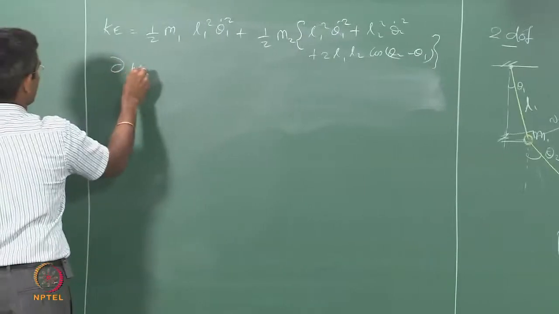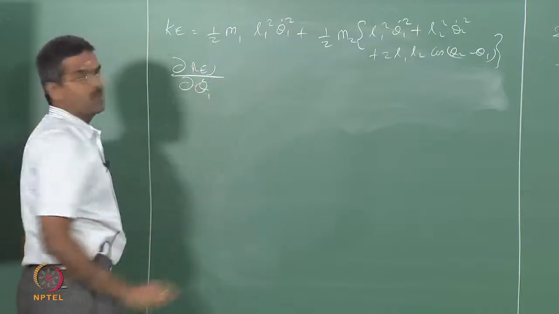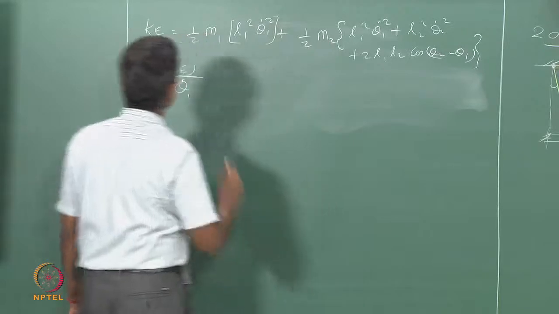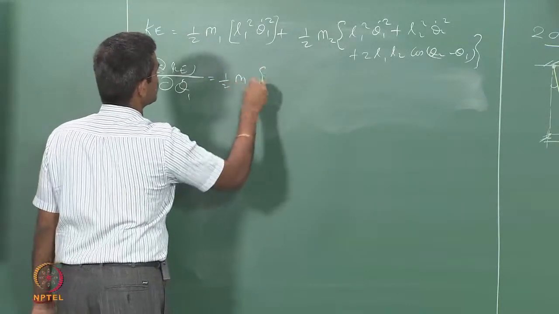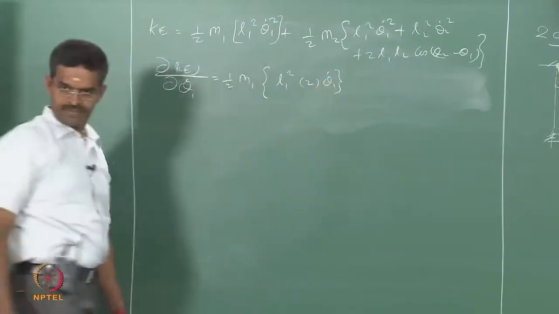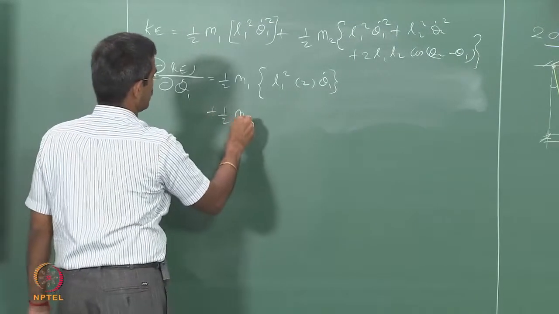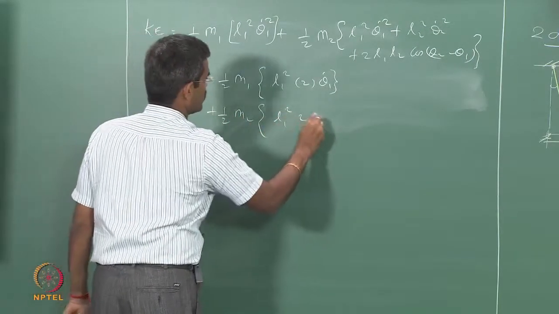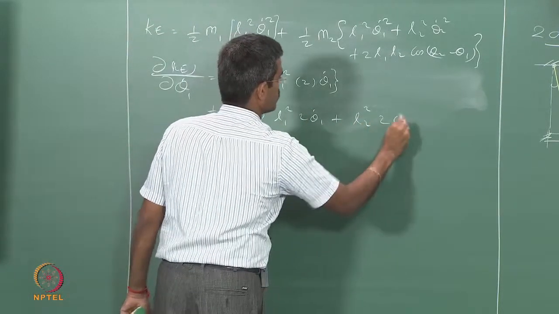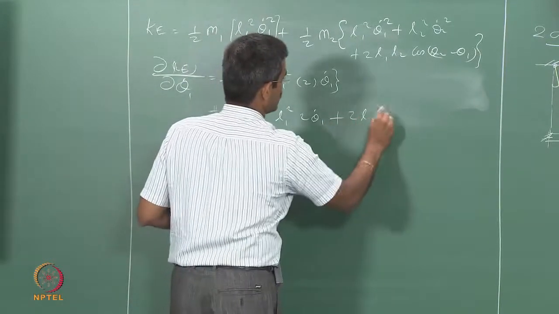Now, I have to partially differentiate this with respect to theta 1 dot, okay, that is what I have to do, which gives half m1 L1 square into 2 theta 1 dot, plus half m2 into L1 square 2 theta 1 dot plus L2 square term, whose derivative is going to be 0 anyway, plus 2 L1 L2.